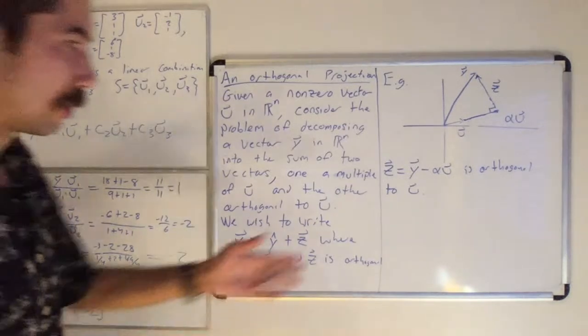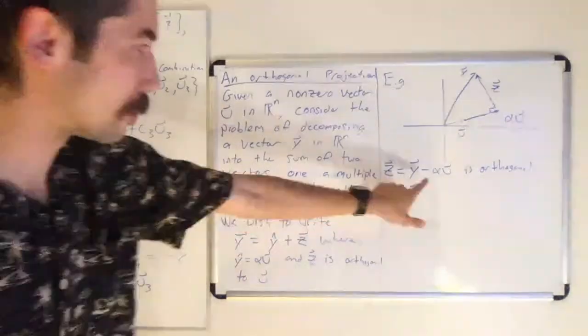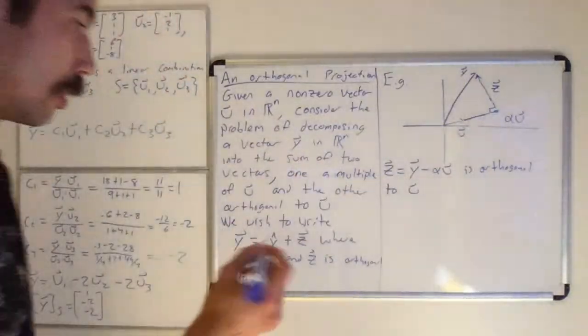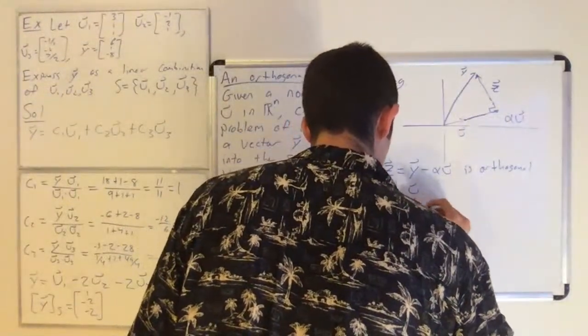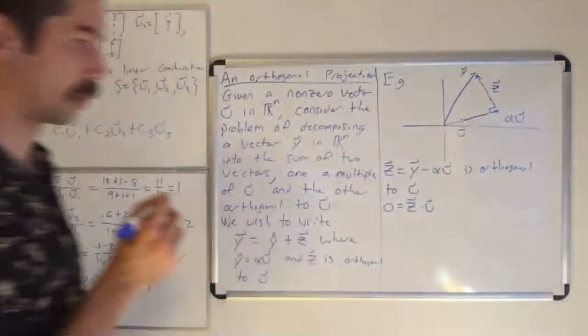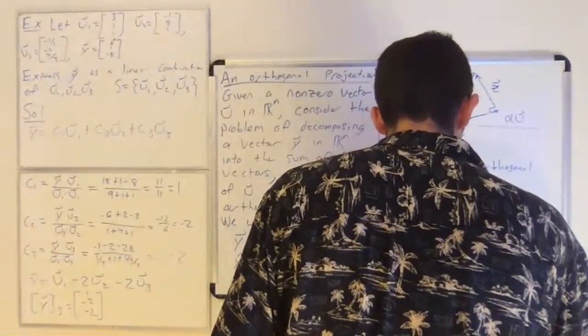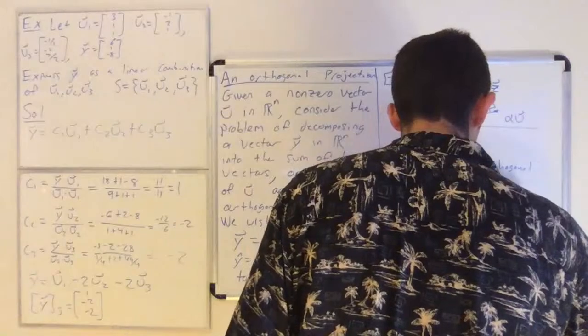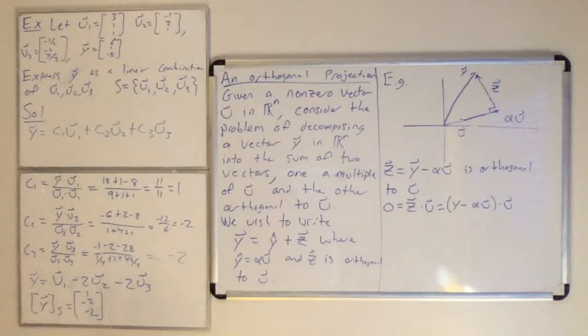So let's just take their dot product and that will help us find alpha. So z dotted with u is equal to 0. Well, that's equal to y minus alpha u dotted with u. Right?